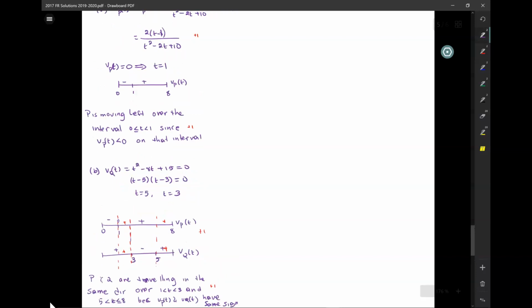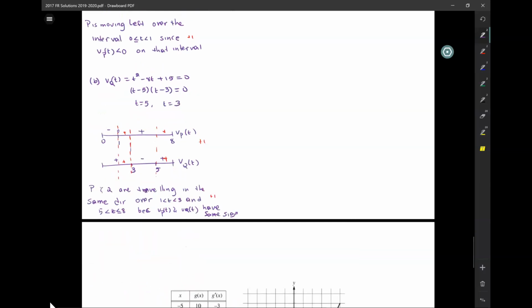C says, find the acceleration of Q at t equals 2. Is the speed of the particle increasing, decreasing, or neither at t equals 2? For the speed to be increasing, the velocity and the acceleration have to have the same sign, right?